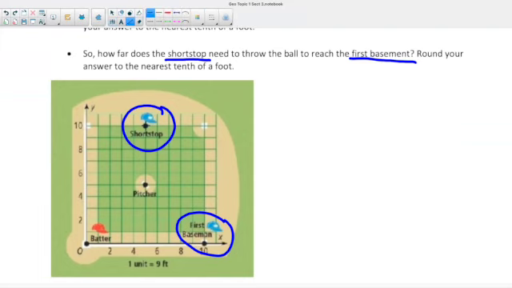You don't have to draw this line, but I'm going to draw it just so you can see the math. If you'd like to draw it, you can. How far is that? Well, let's start with the coordinates. The shortstop is at 5, 10, and the first baseman is at 10, 0.